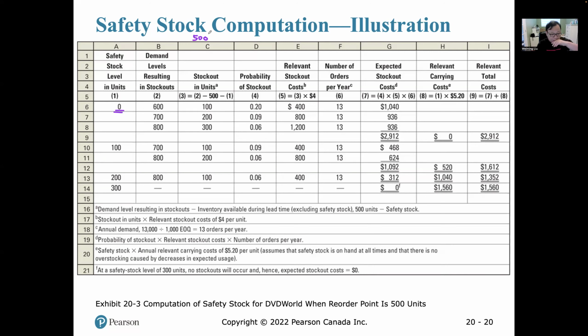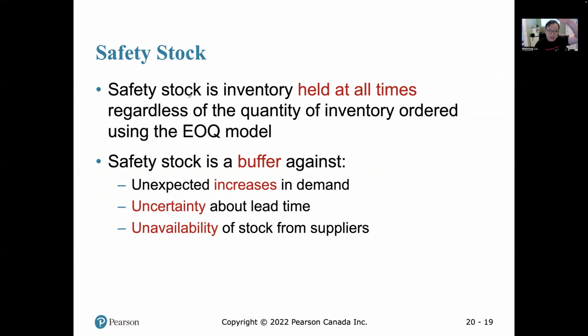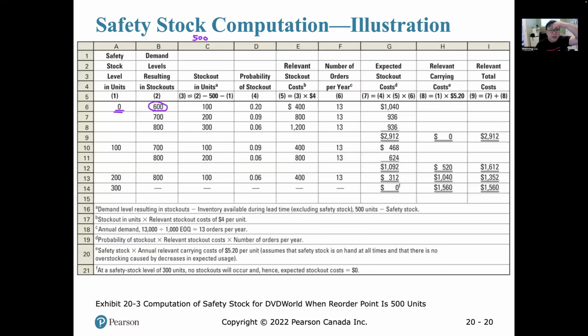Okay. So suppose the demand has increased to 600. You only have 500, okay, you only have 500 left.